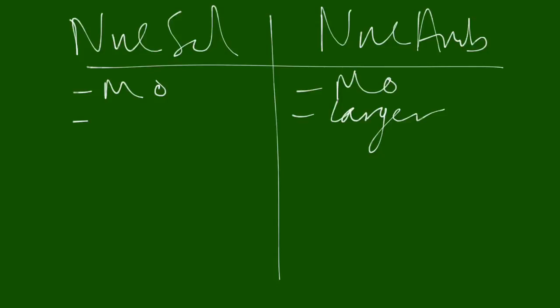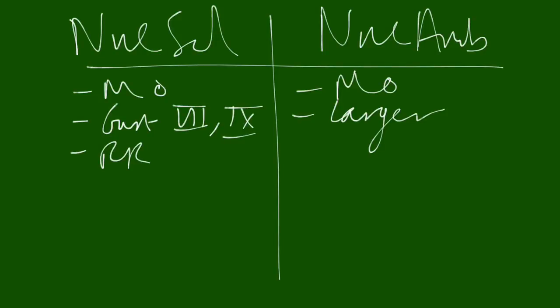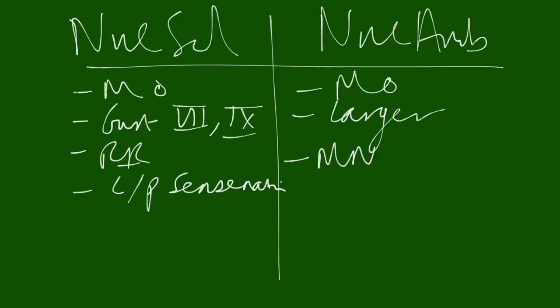It's involved with gustation, and that's 7th and 9th nerve. It's involved in respiratory regulation. Remember, we've got the respiratory centres. And then we've got the laryngopharynx sensation. We cover the respiratory regulation centres more in the respiratory modules. So we've got all of those. The nucleus ambiguus is the motor nucleus of 9 and 10.